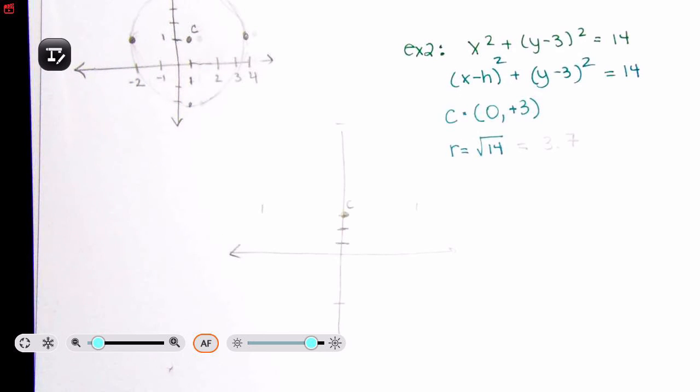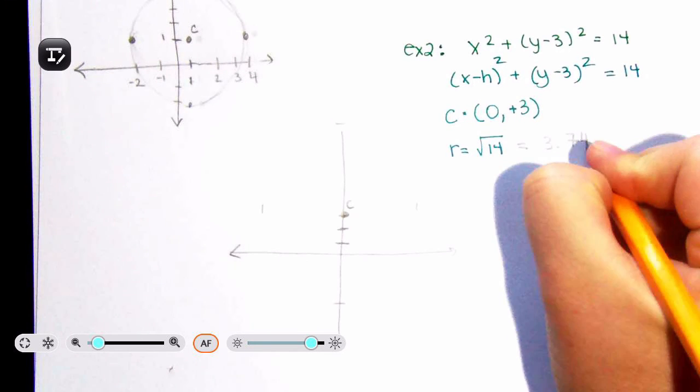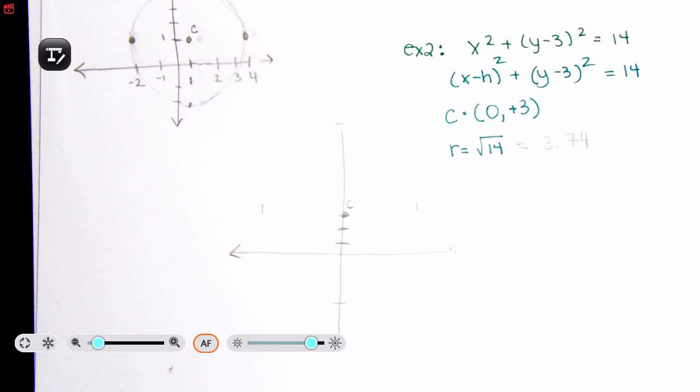Let's double check that real quick if my calculator decides to cooperate. 3.7 times 3.7 is in fact 13.69. So not quite. So let's do the square root of 14. I'm happy I checked. Square root of 14 is 3.74-ish. All right, so 3.7.